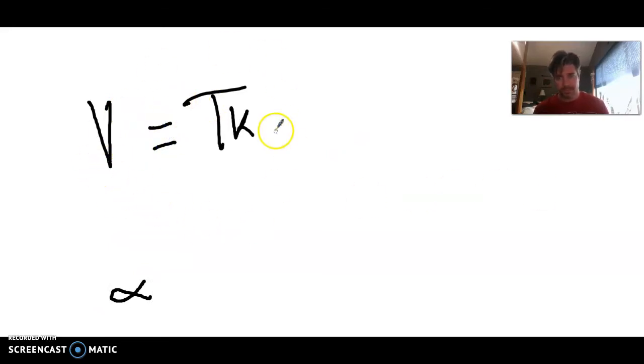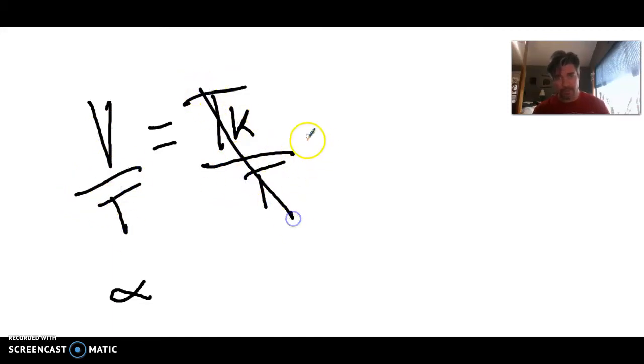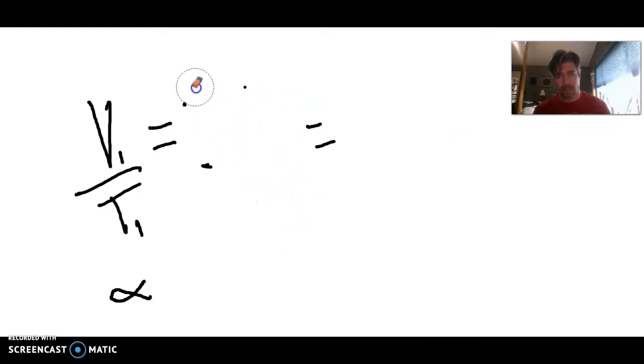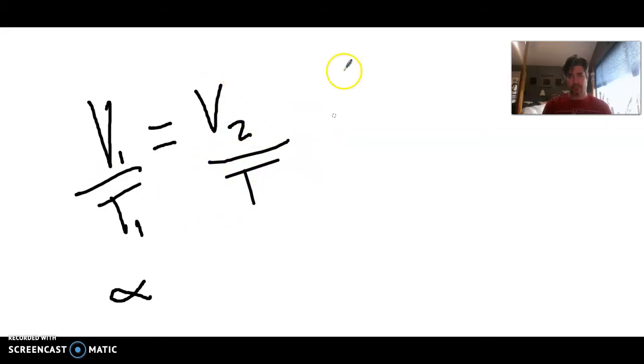And then if we divide both sides by temperature, you can see that, cancel here, that now we can do the same thing where we can set some first set of variables, equal to, instead of a constant, I'm not going to use that yet, some second set of variables. And so you can see directly related is V1 divided by T1 equals V2 divided by T2. And so that's Charles's law in equation form that you'll be using on those problems.